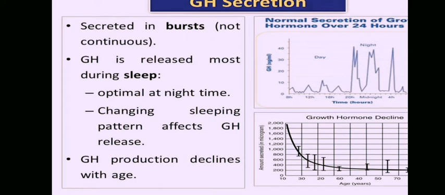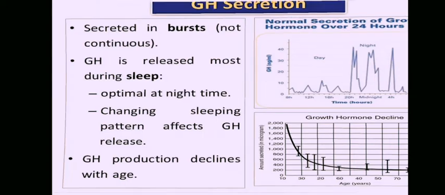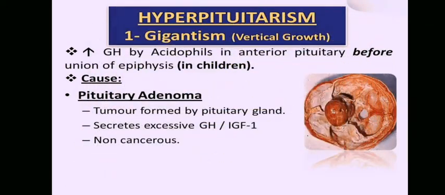So here is the chart showing how growth hormone secretion is controlled. It is optimized at night time. Changing the sleeping pattern also affects growth hormone release, and it also declines as age proceeds. So hyperpituitarism is the increased production of pituitary hormones.